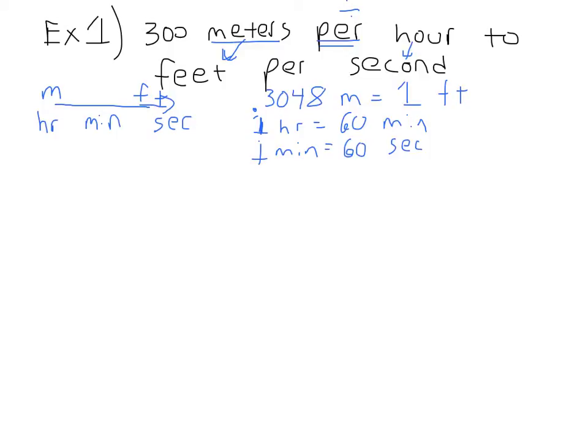Okay. Now, yesterday, we would be given something like 300 meters converted to feet. So we would write out 300 meters, and then yesterday we would put it over 1, right, because that was it. Well, this is different. 300 meters per hour. That per tells us the fraction bar.